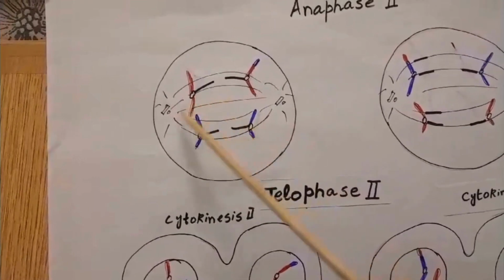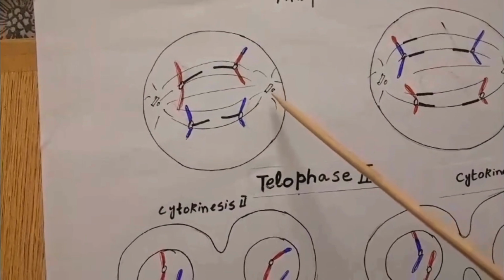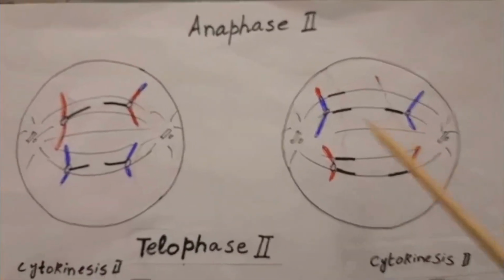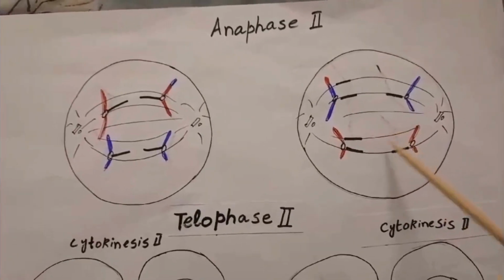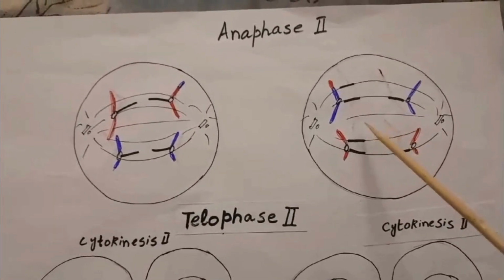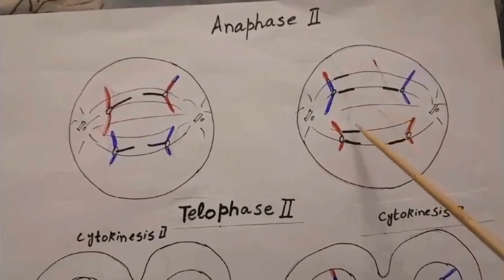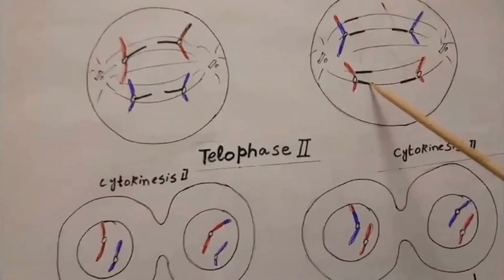This chromatid will move towards this pole and this chromatid will move towards this pole of the spindle. In both of these cells, anaphase 2 takes place by movement of the chromatids towards opposite poles after the division of the centromere in the center of the chromosome.